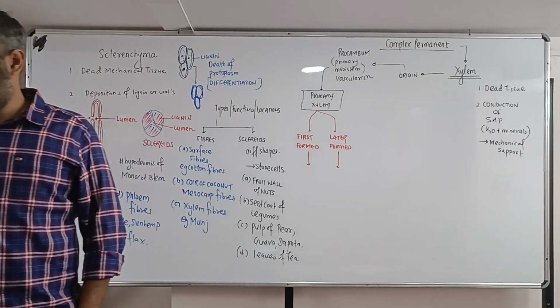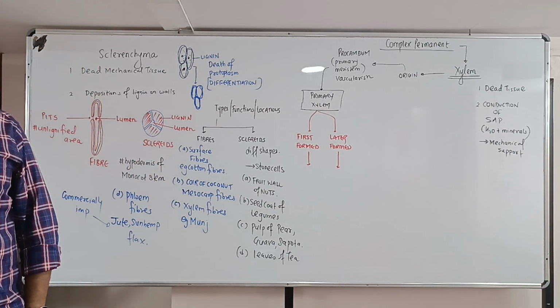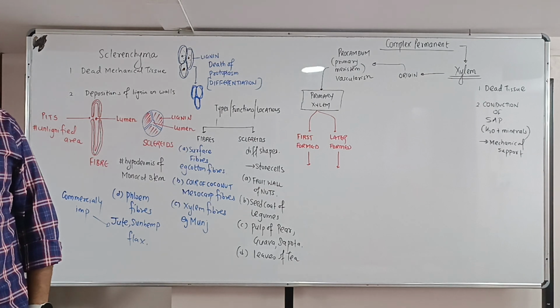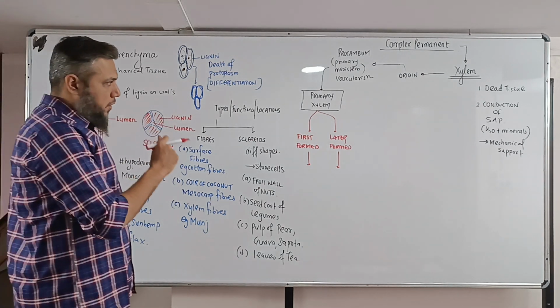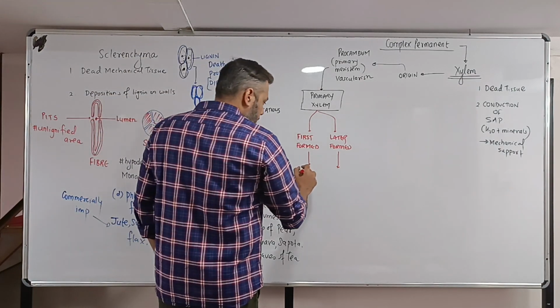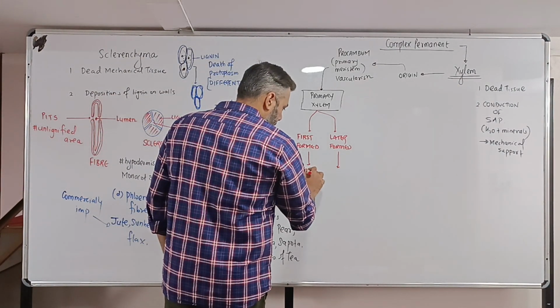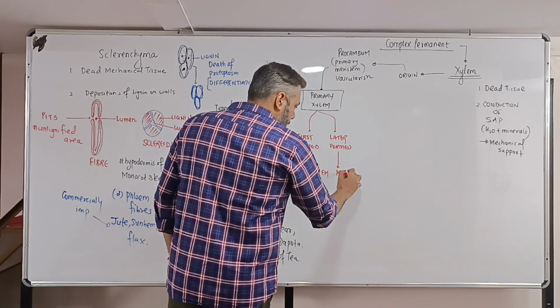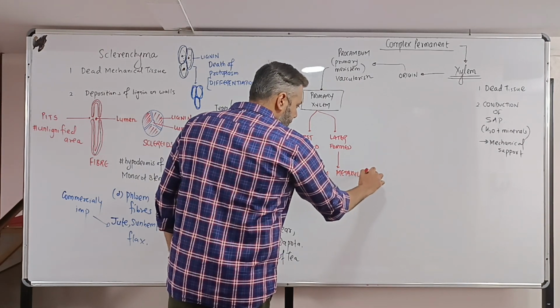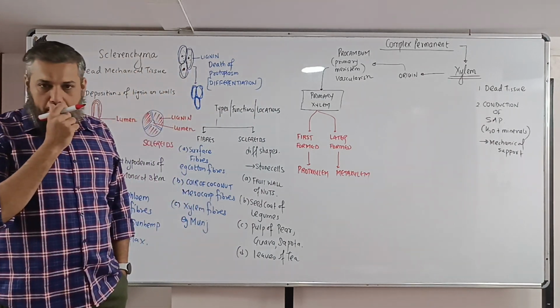So two types of primary xylem are there. What are they? First form and later form. The first form primary xylem is called protoxylem, and the later form primary xylem is called metaxylem.